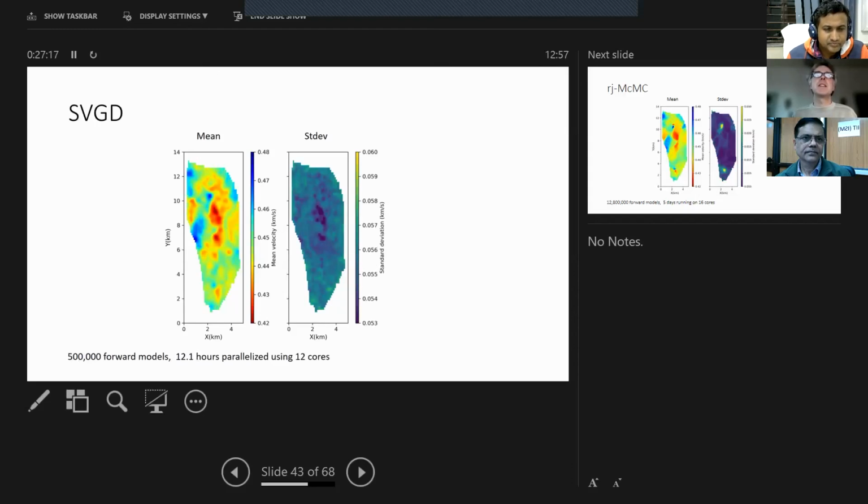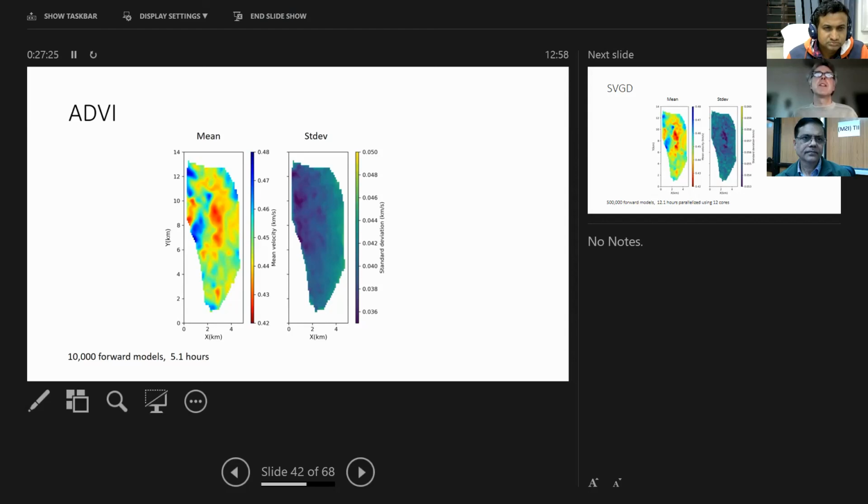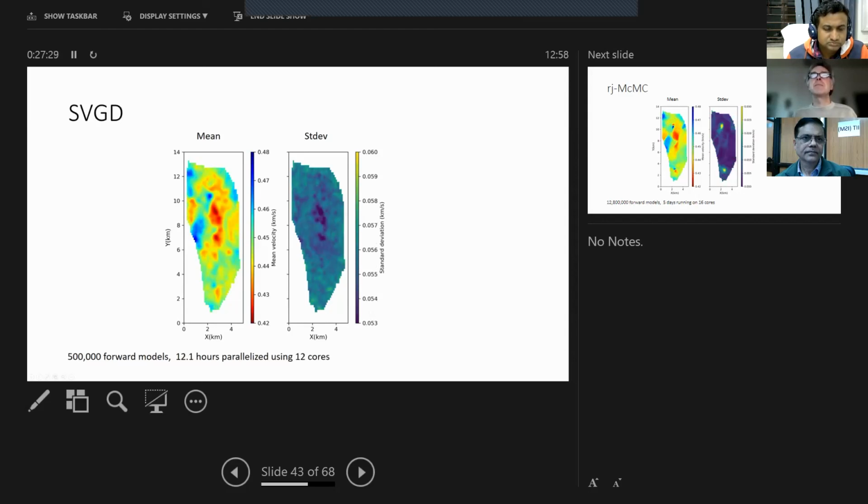If we look at the mean structure, it's really quite similar between the two, and these are quite different methods. So now we're pretty confident in the mean. But again, the standard deviation is quite different, because ADVI has this Gaussian approximation implicit, and SVGD does not.